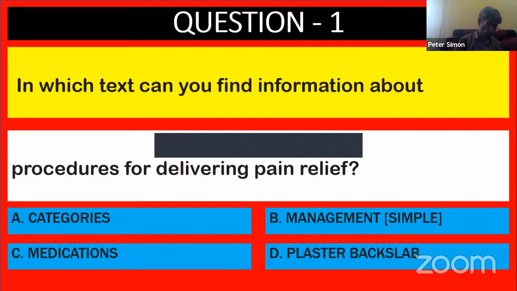So you have to think about this one. Procedures for delivering pain relief. Pain relief. It comes in categories, or management of simple fractures, or medications, or plaster backslab. Just guess.